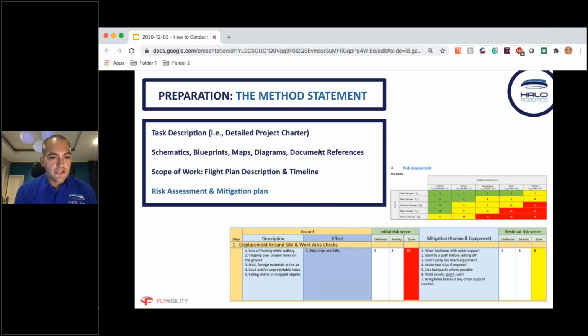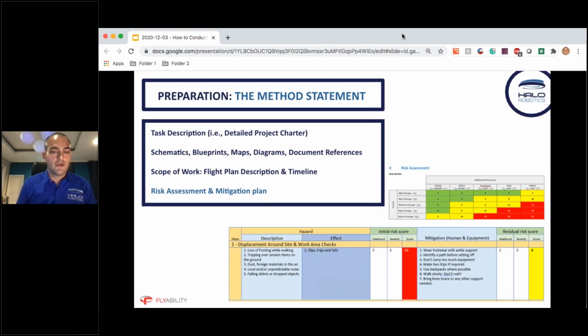The final section is a risk assessment and mitigation plan. This is also an essential part of every method statement, and generally every single operation is different, so you will need to attend to this. I think many people here will be familiar with the general concept of a risk matrix, where hazards are identified.